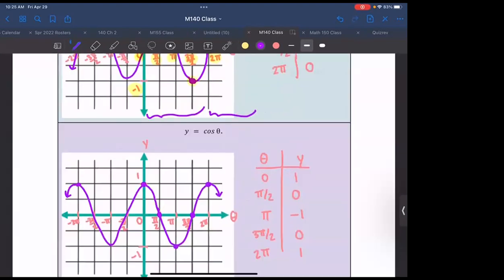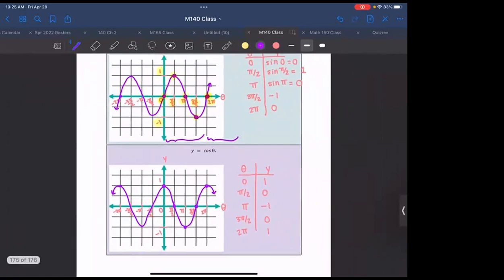So comparing these two, I guess cosine is sine, but it's kind of like placed differently on the graph, right? It's kind of like we took sine and we shifted it a little bit, maybe to the left by like 1 block, right? So very, very similar graphs, but they're kind of shifts of each other.